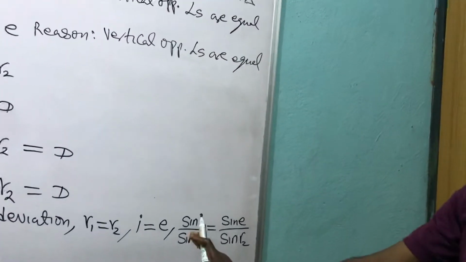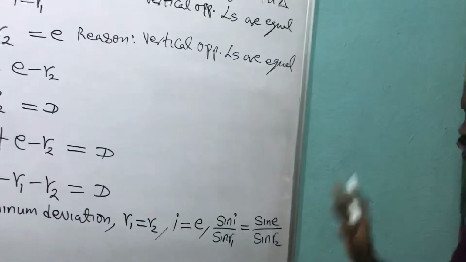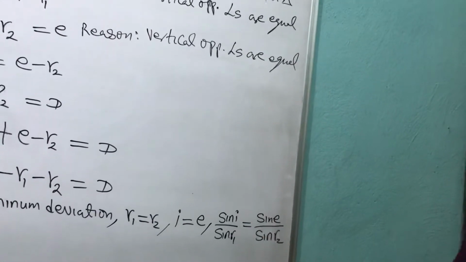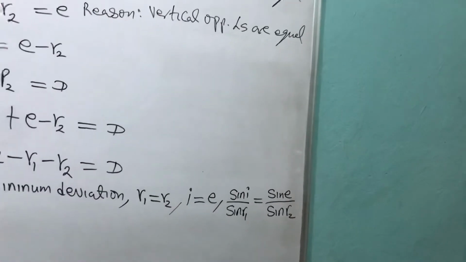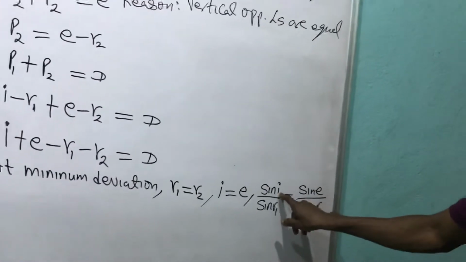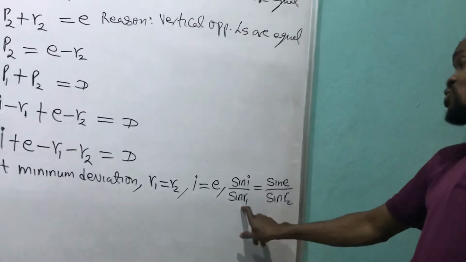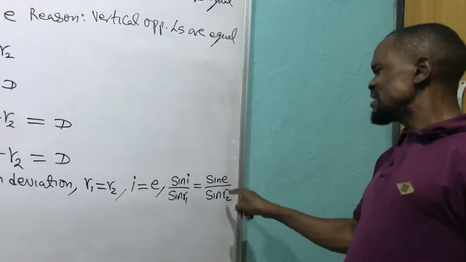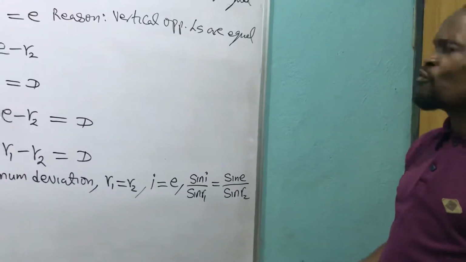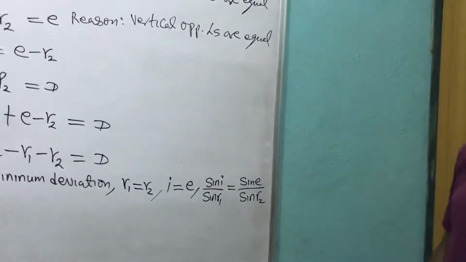If they ask you in exam, state the condition for minimum deviation to occur, it implies that the incident angle is equal to the emergent angle, and the sine of the incident angle over the sine of refraction in the first face is equal to the sine of the emergent angle over the sine of refraction in the second face.